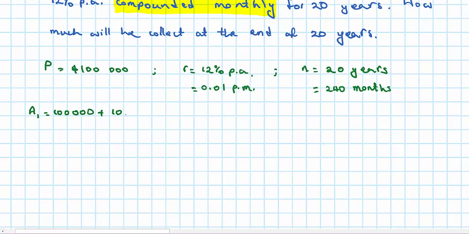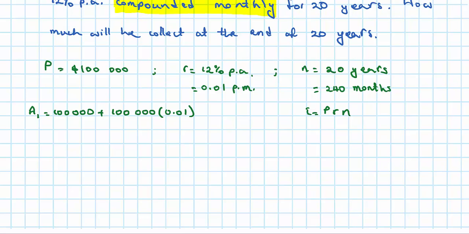So that's 100,000 times the rate, 0.01, times the time period. Remember, this is simple interest: principal times rate times number of time periods. So PRN. But since we're doing it for 1 month, n is just going to be 1.